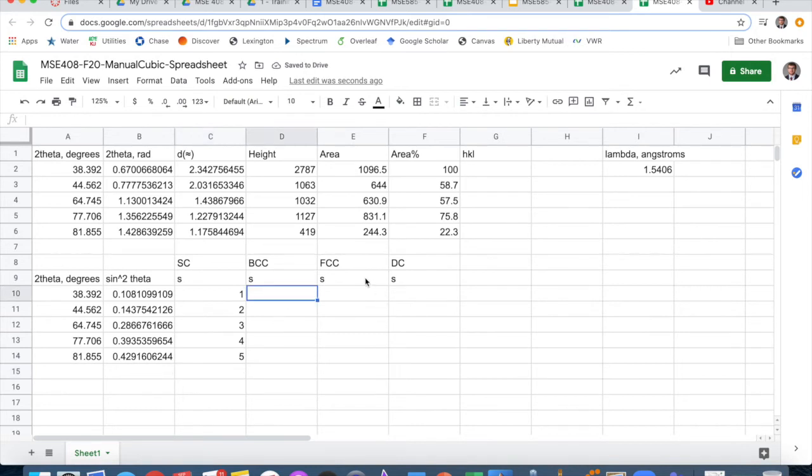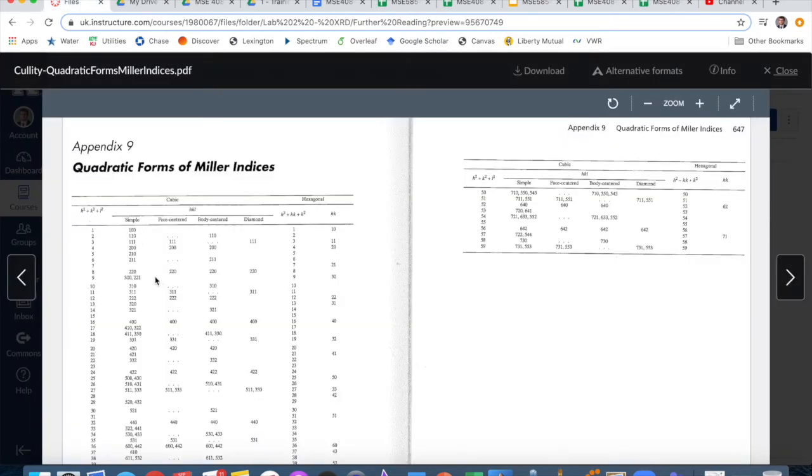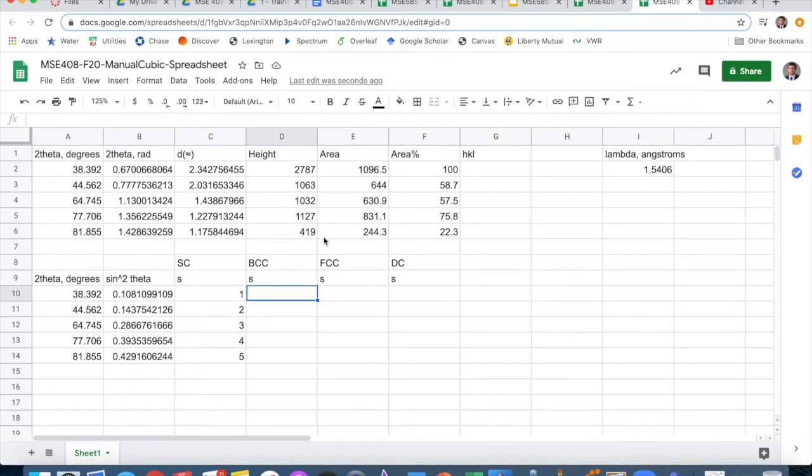So while I'm here, I might as well go ahead and enter the other values as well. Again, I'm just scanning through this list and noting what the allowable HKL values are and translating that to an S value over here. So let me go ahead and input these. BCC should be 2, 4, 6, 8, 10 based on that table.